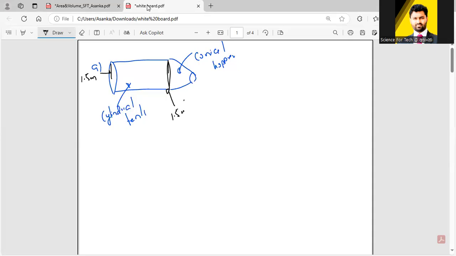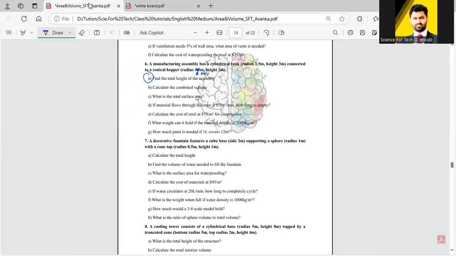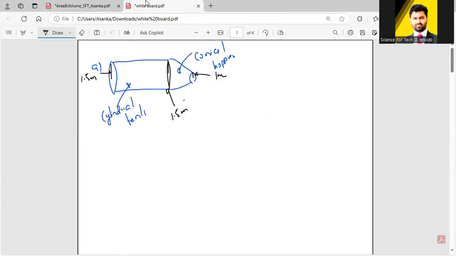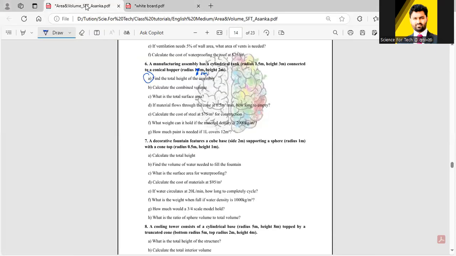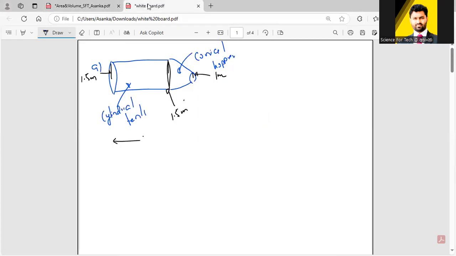Here it should be 1 meter because I changed it to 1 meter, otherwise the option will be wrong. Then let's mark the height: for the cylinder it is 3, and for this one it is 2 meters.